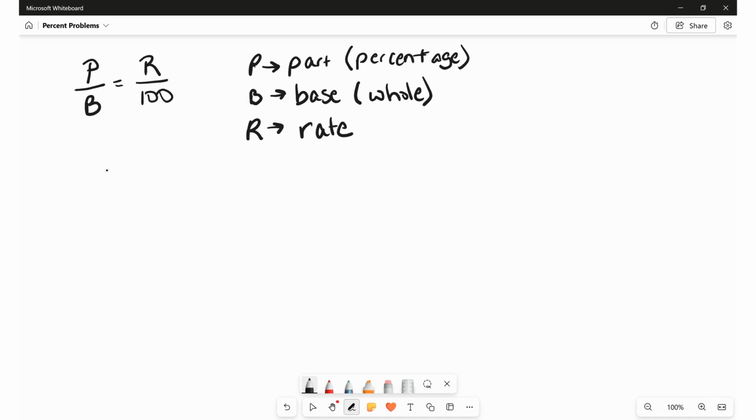So, another way to look at this, especially when we're getting into word problems, is this: is over of is equal to the percent number over 100. Okay? So we can look at this like this. Our part is the number closest to the word is.